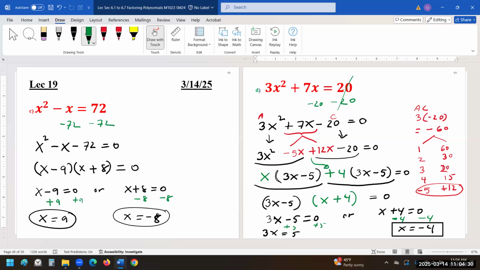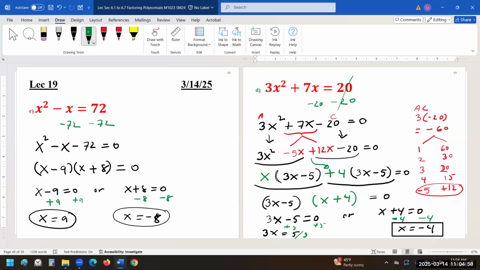Yesterday, I noticed a common mistake. Many of you subtracted 3. You actually cannot subtract it because between 3 and x, you don't have a plus sign. Between 3 and x, you have a multiplication, so you have to do division. So divide both sides by 3. This is too small. You got the idea, okay?